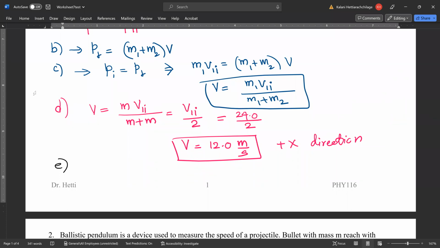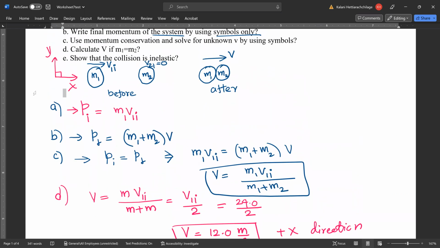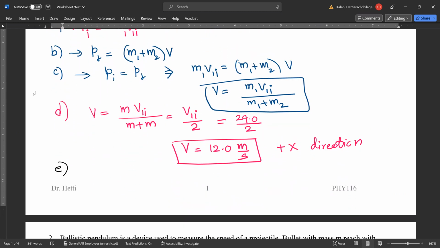That is called an inelastic collision. Elastic collision means kinetic energy is conserved, right? That means if you want to show the collision is inelastic, you need to show that kinetic energy is not conserved. That means initial kinetic energy is not the same as final kinetic energy.